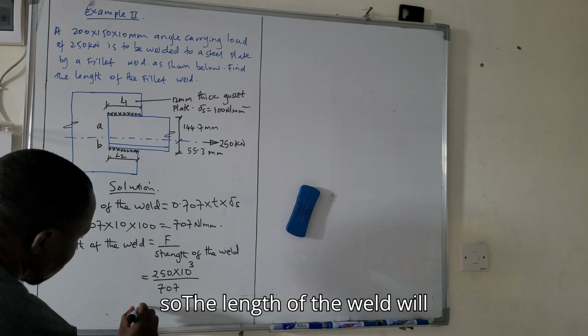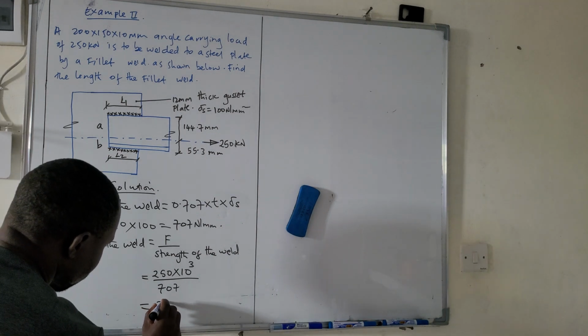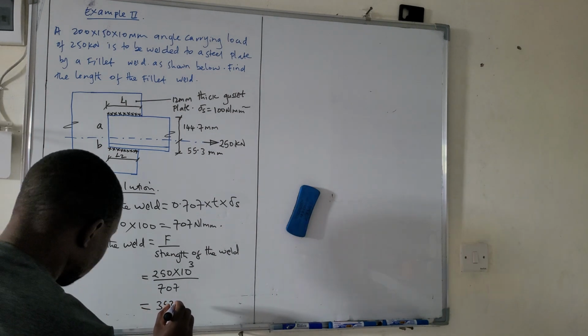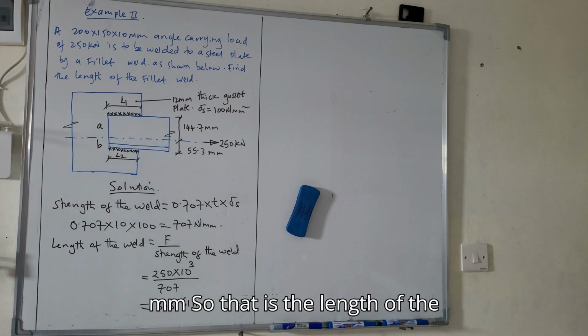So the length of the weld will be 353.61 millimeter.